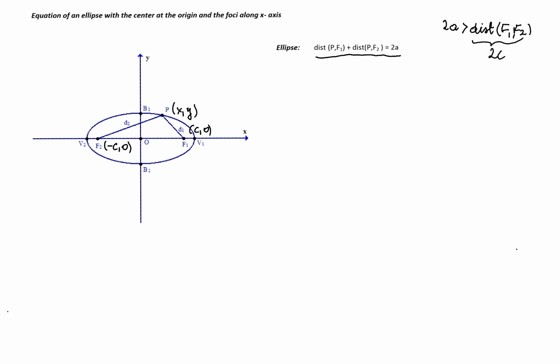So this tells me that 2a has to be more than 2c, and therefore a is greater than c. So we know that the value of a has to be greater than c, where c is the distance between the focus and the center. Any focus will do, the distance is going to be c.